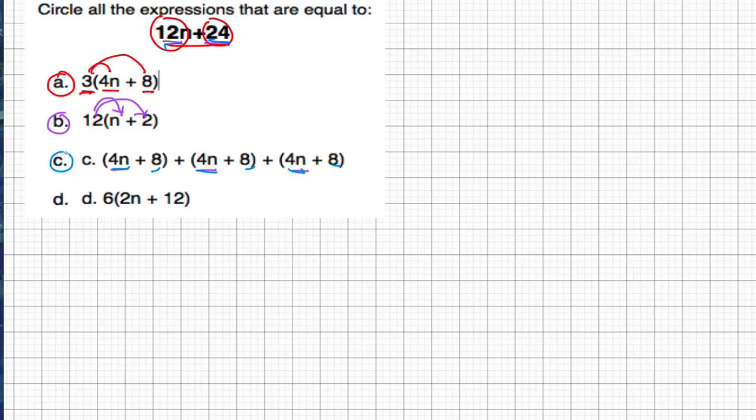So C is also equivalent. All right, maybe this last one is equivalent too. Let's use the distributive property to check. 6 times 2n would be 12n. Yep. And 6 times 12 would be 72. So not 24. This one is not one of our equivalent expressions.